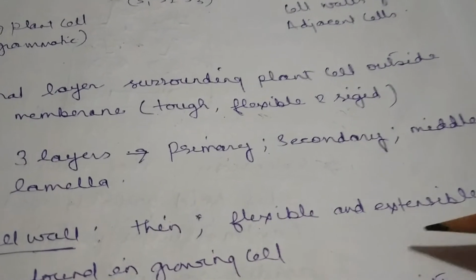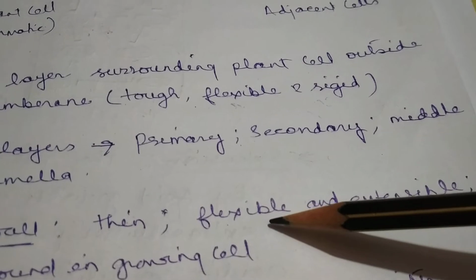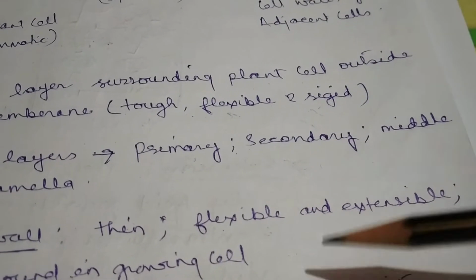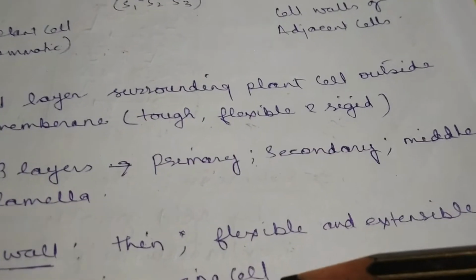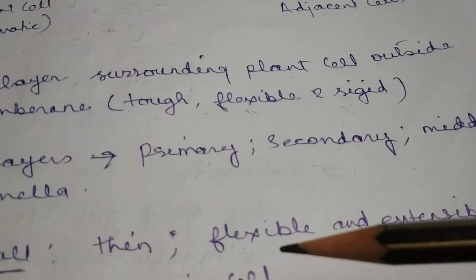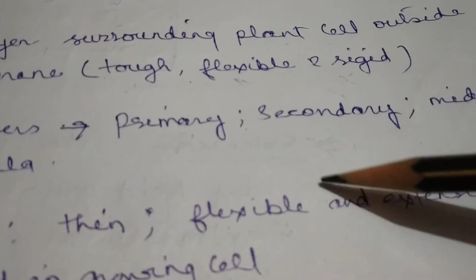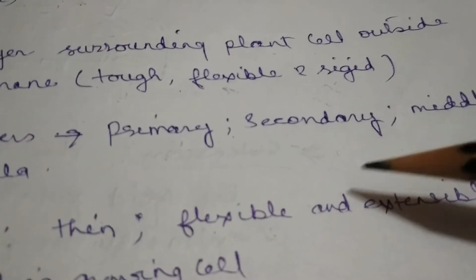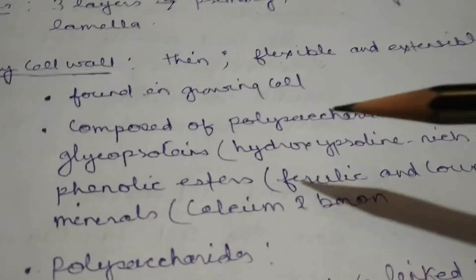It is flexible and extensible because primary cell wall is present in the growing cell. It is also present in the later, grown-up cells also. But initially, when the cell grows, primary cell wall is laid. So if the cell is growing, the cell wall needs to be flexible and extensible so that it can extend along with the size of the cell to cover that cell. So that is very important.